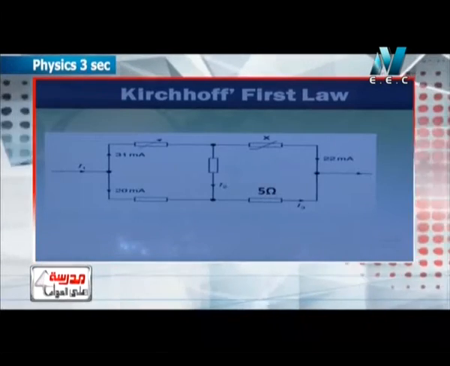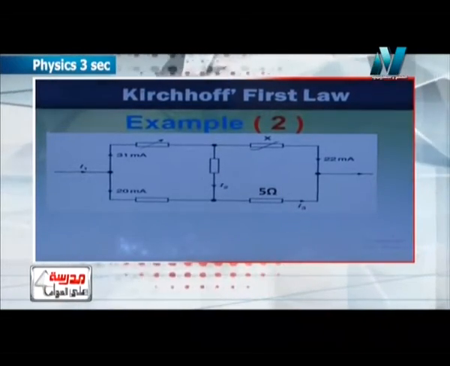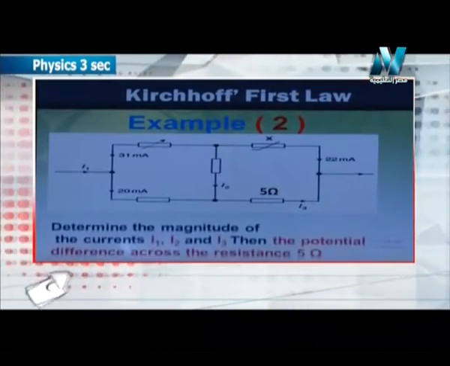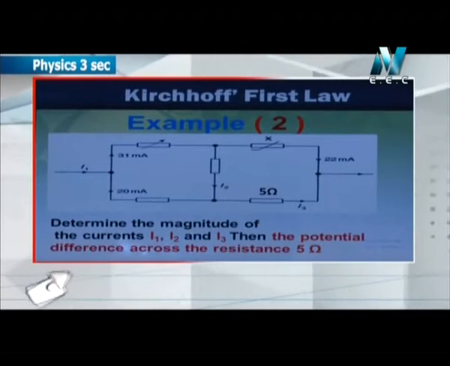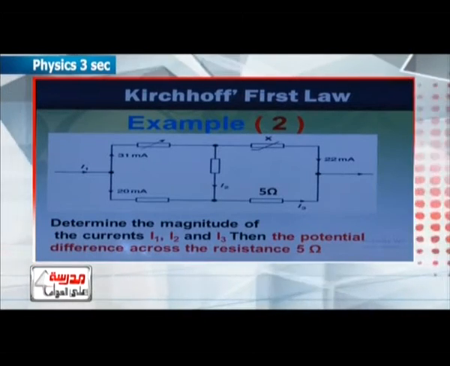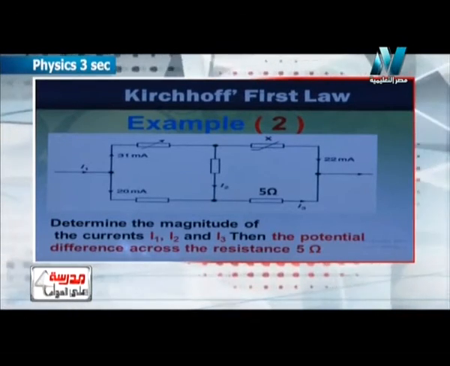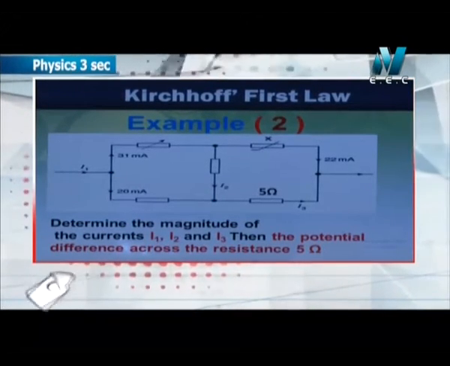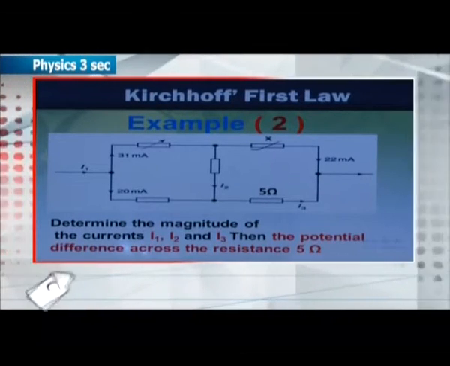Okay, let's continue our problems to the second problem. Look at the opposite figure, which consists of many components. There is I1, which splits into 31 milliampere to the first branch and 20 milliampere to the second branch.